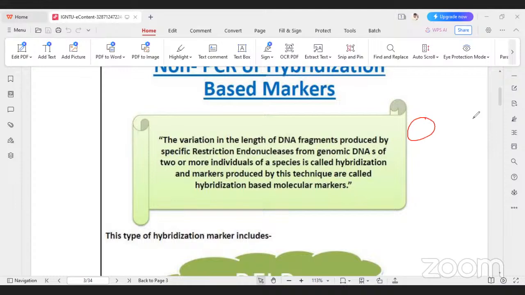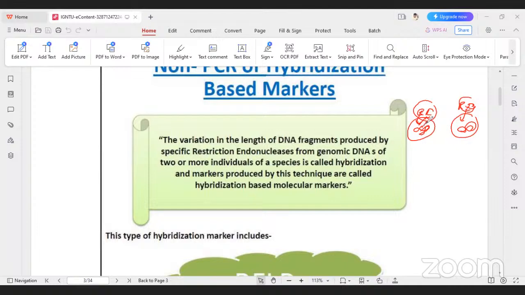Here is one individual and a second individual, each with DNA molecules. You use the digestive enzyme, the restriction endonuclease, the same enzyme added to both.